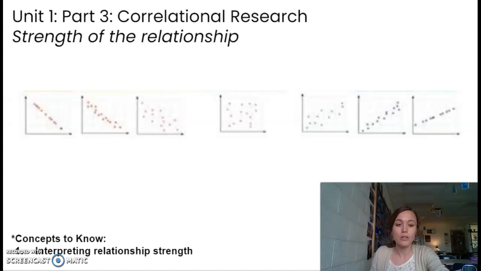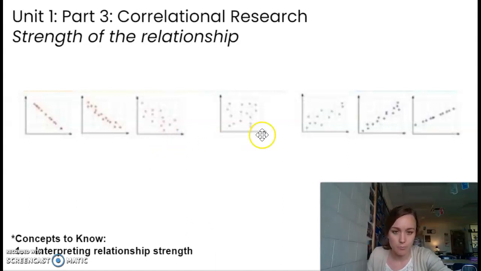So the correlations that are the strongest and have the highest strength of a relationship are on the far right and the far left. We have almost a perfect positive and almost a perfect negative correlation on the far left and the far right. We can see that really clearly in this visual of the scatter plot. It's as if one variable is increasing or decreasing at almost a proportionate rate as the other one. And so this is showing us that strength.